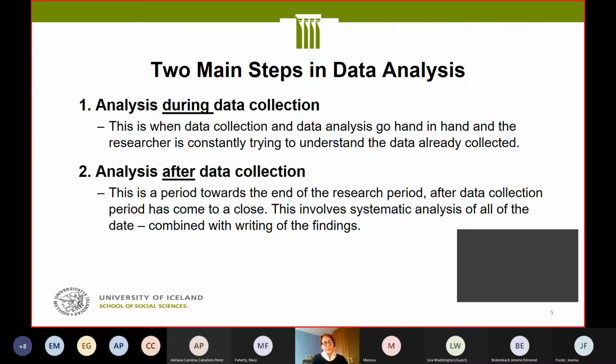And write about this, draw out these issues. And so what should I keep in mind for the next interview? What should I remember to ask for? Or if I talk to someone who is different from this person, what should I have in mind then, based on what I already know? This is really helpful to make the data collection focused.